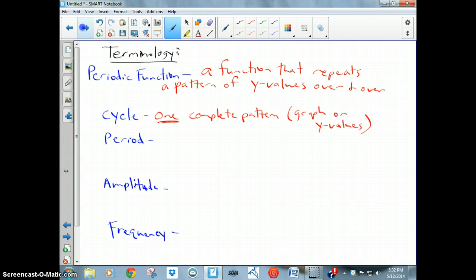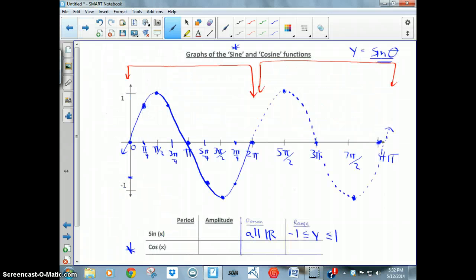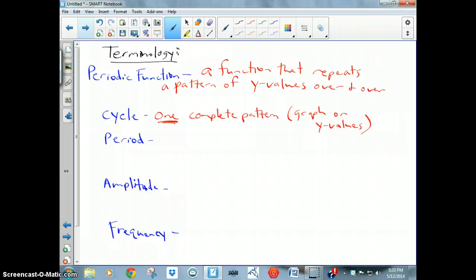So if I go back a slide, what I drew in red is one cycle. From 0 to 2 pi is one cycle. And then the dotted line would be the second cycle of this graph, because it repeats itself. So that's why I had you draw a solid line and then a dotted line, so you could see the difference in the cycles.